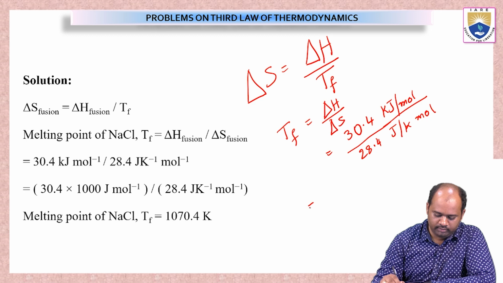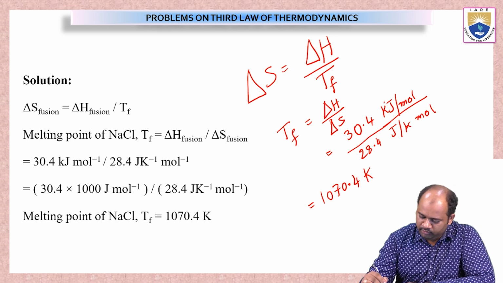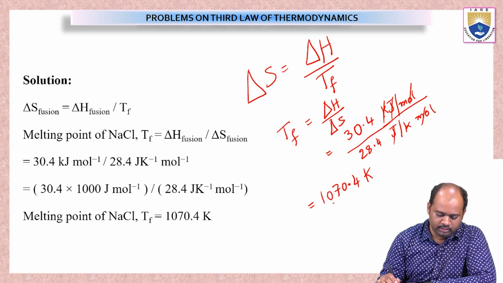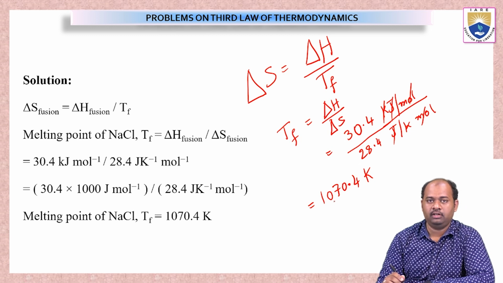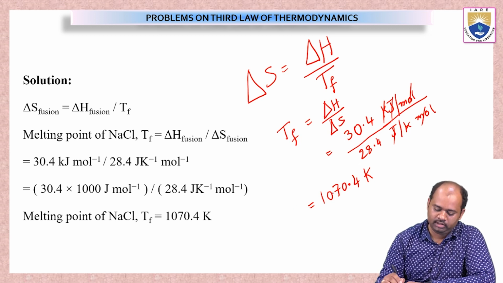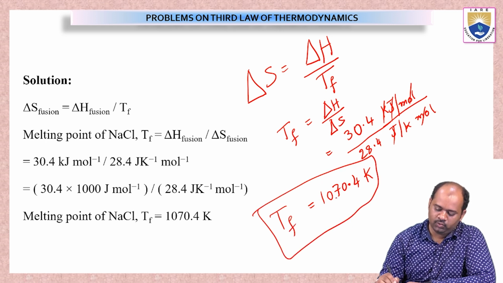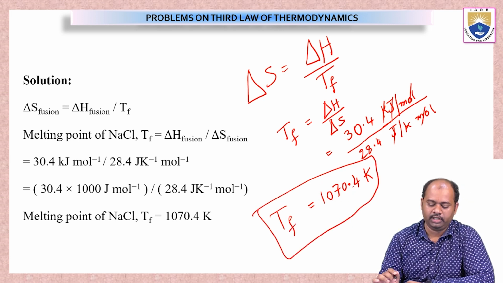So finally the answer we will get is 1070.4 Kelvin. All the units will be cancelled. Now the final temperature, that is the melting point of sodium chloride, is nothing but TF. This is the TF value, so this is equal to 1070.4 Kelvin.